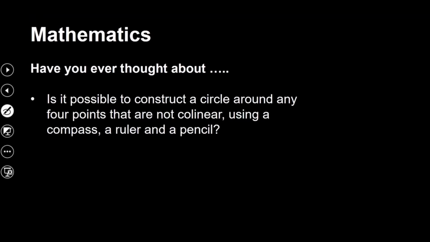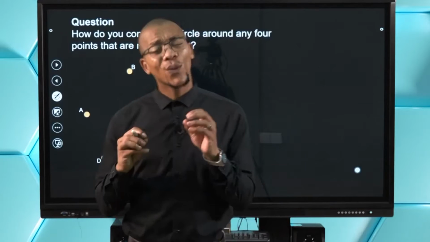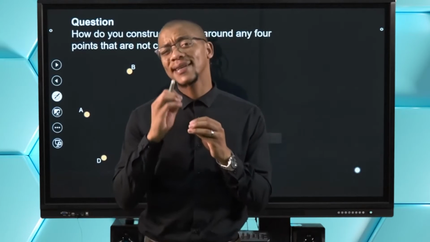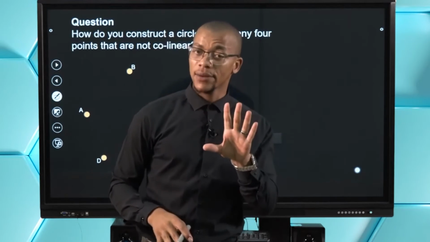Now also, if we have 4 points, what does that then mean, right? Can I still construct a circle around those 4 points that we have there? Let's look at it. Right, so here are my points. Now, I want you to think about what exactly is the theorem that links 4 points to the circle, right?